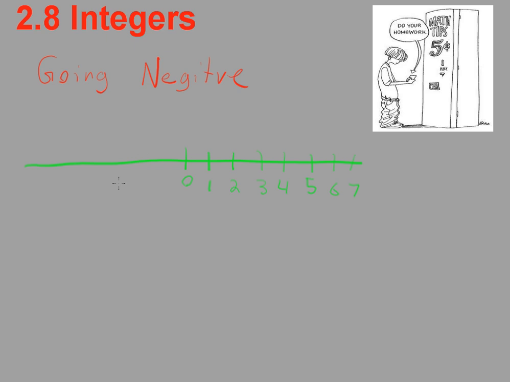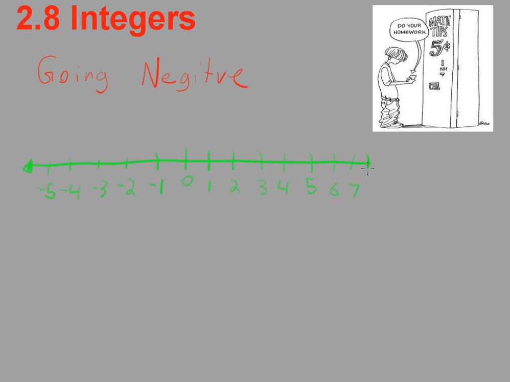When we include integers, integers are all whole numbers, positive or negative. So if we look at the other side of our number line, after 0 the other way, we have -1, -2, -3, -4, -5. That number line would go both ways forever and ever if I drew it longer.